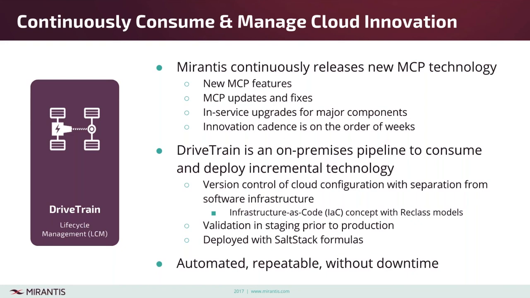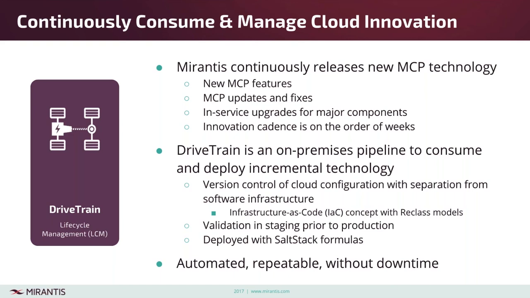Having things like version control of the actual cloud configuration and separation from the actual software itself, having the configuration stored separately from the software itself, not at runtime, but at least have a central place where that configuration is stored. Obviously, during runtime, that configuration is stored with the software, but there should be a source of truth for that configuration outside.